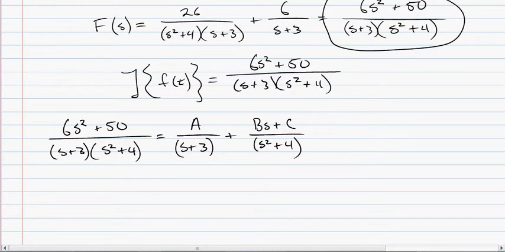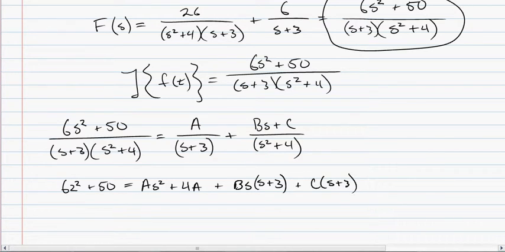And then multiplying both sides by s plus 3 times s squared plus 4 gets us to 6s squared plus 50 is equal to as squared plus 4a plus bs times s plus 3 plus c times s plus 3.